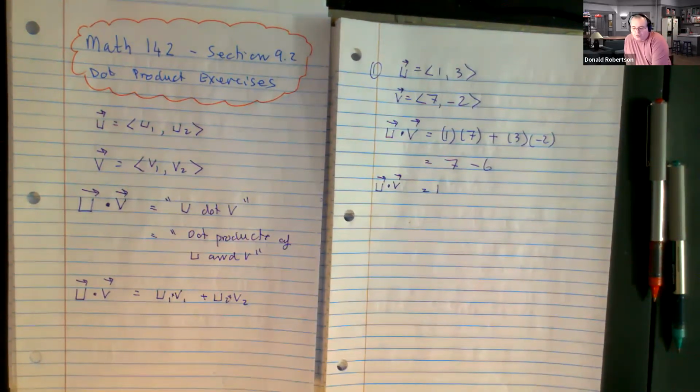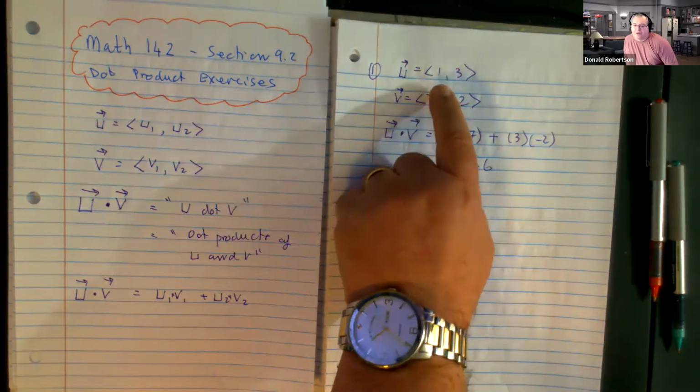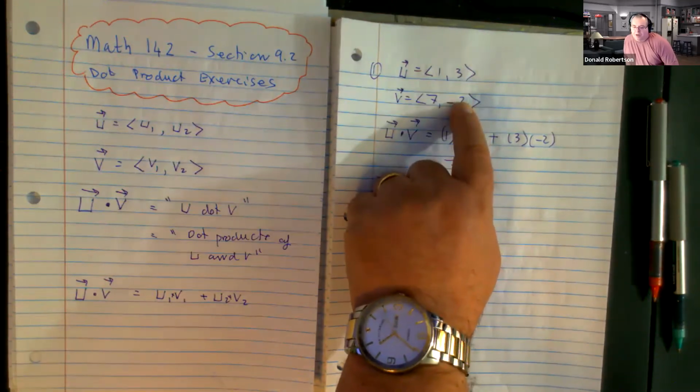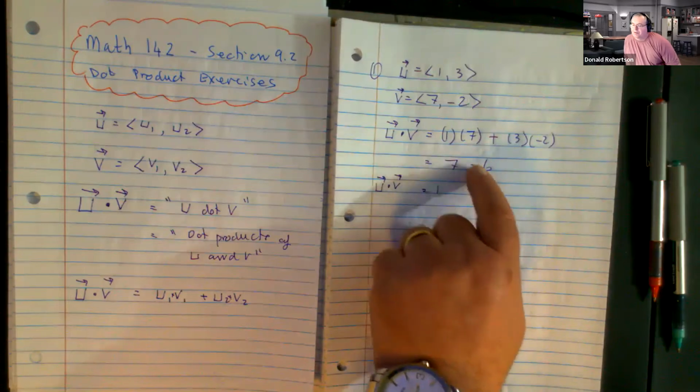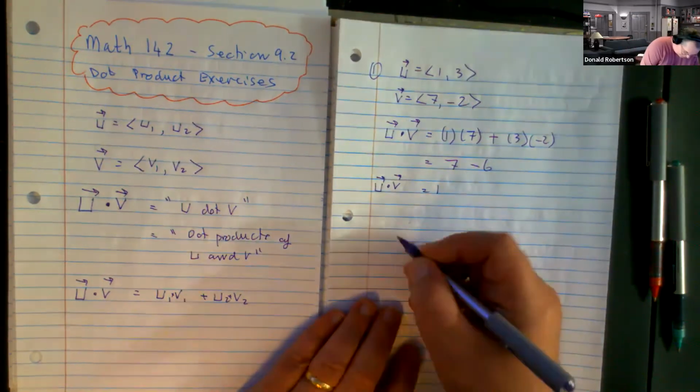Would you agree that's not the worst looking formula in the world to use? If you want to find the dot product of two vectors, multiply the x components together, multiply the y components together, and add them, and you'll get a number. And that number is called the dot product. How about this one?